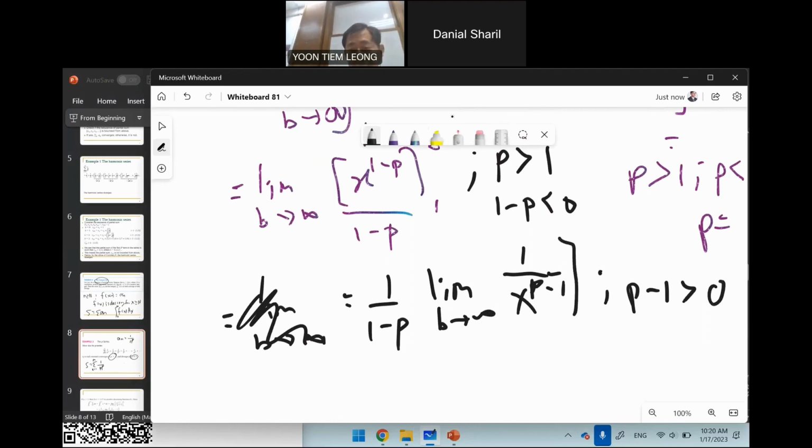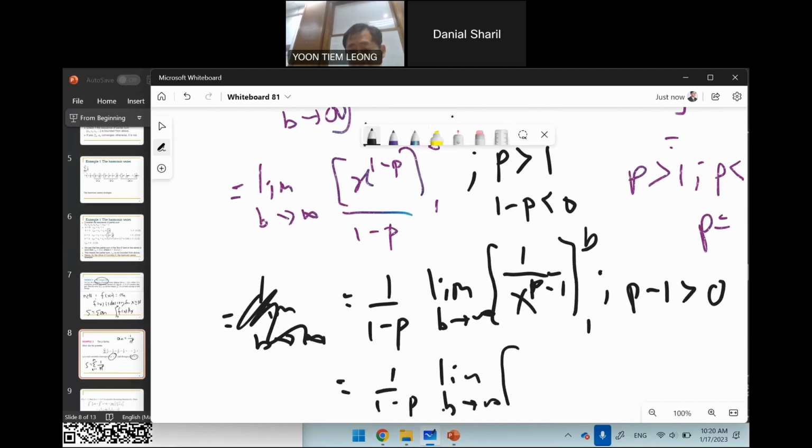And then you take the evaluation of x between 1 and b. Okay, so you write this a little bit further, then it becomes what? It becomes the limit of b goes to infinity.